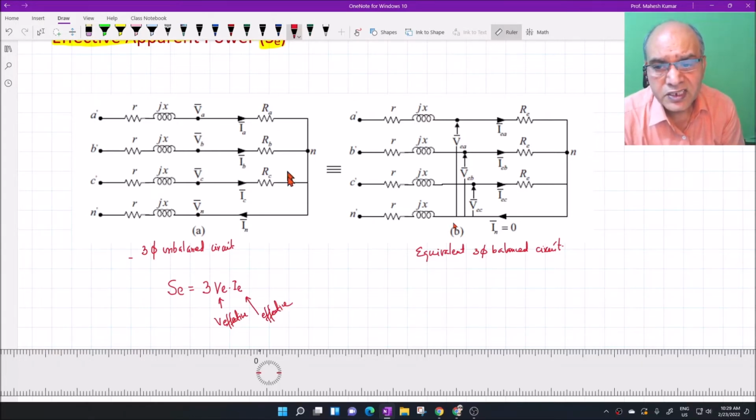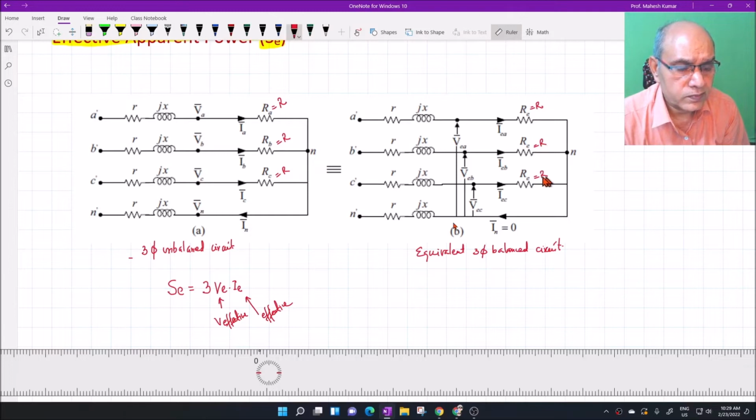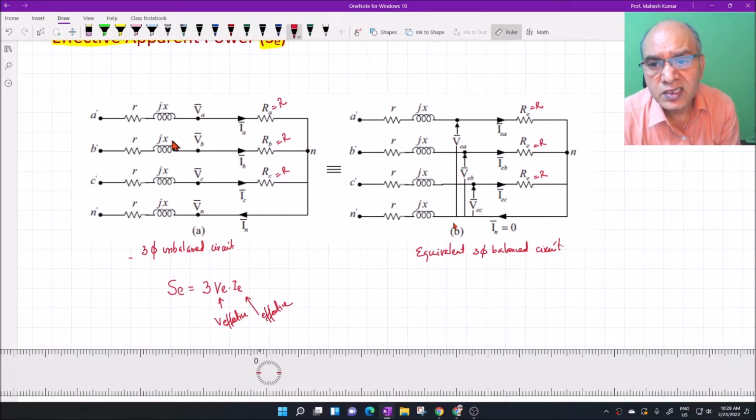Now I have called this the three-phase unbalanced circuit. Why is this unbalanced? In the analysis, we will assume that this is equal to R, this is equal to R, this is equal to R, and also this is equal to R, this is equal to R, this is equal to R. Even though the resistances are the same, we are calling this an unbalanced three-phase circuit because the voltages and currents are unbalanced here.